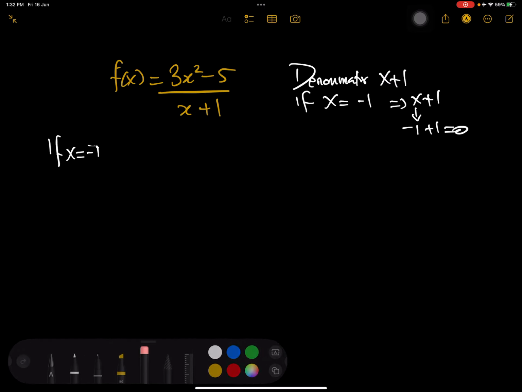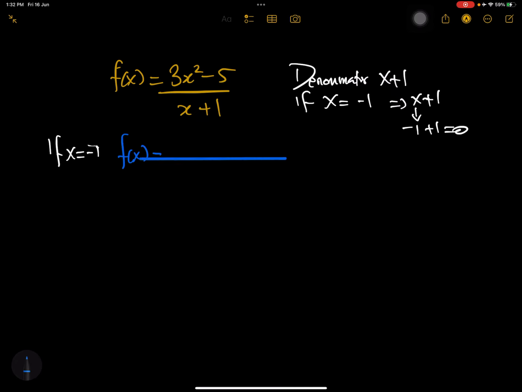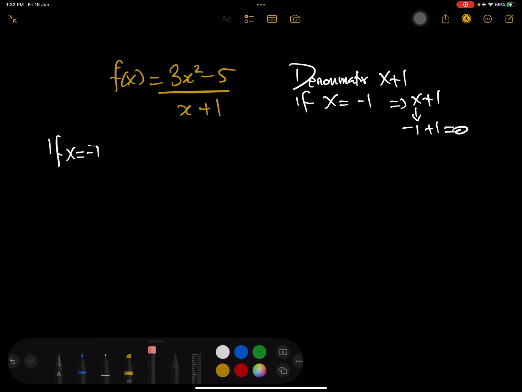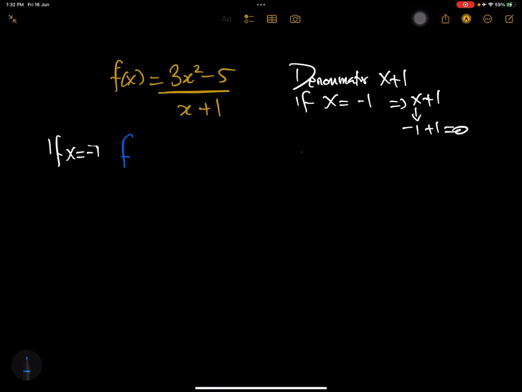If x becomes equal to -1, the denominator will become 0. We're going to have f of -1, because x is equal to -1.